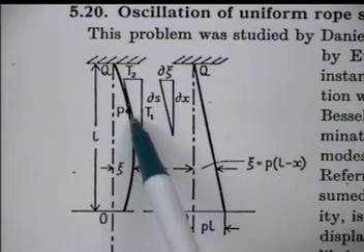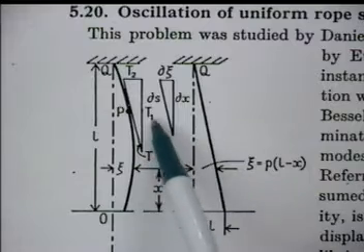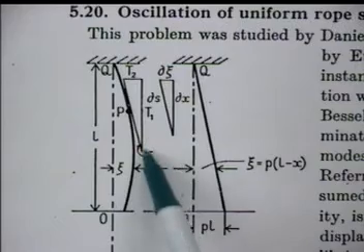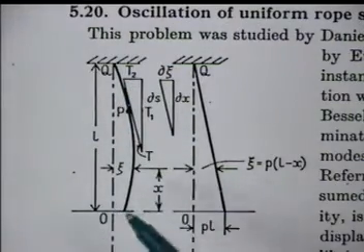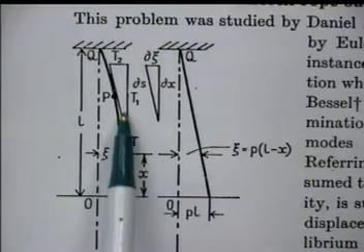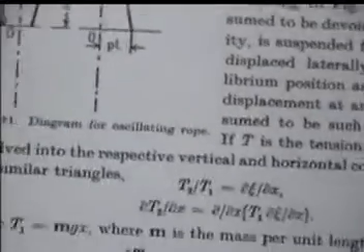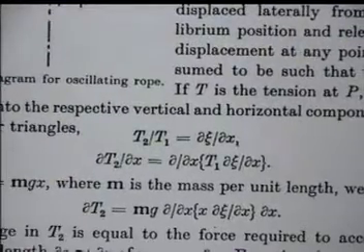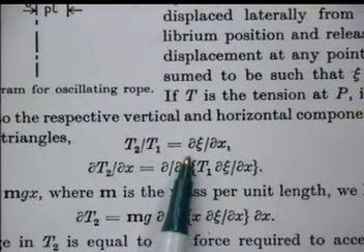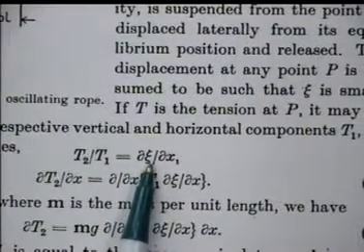The tension in the rope at point P would be T, and that can be broken up into components T1, a vertical component, and T2, a horizontal component. The ratio of the tensions relates to the slope at that point.